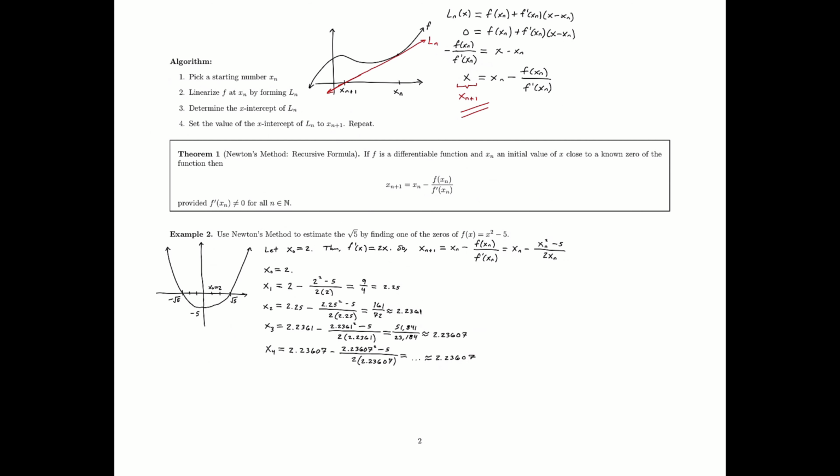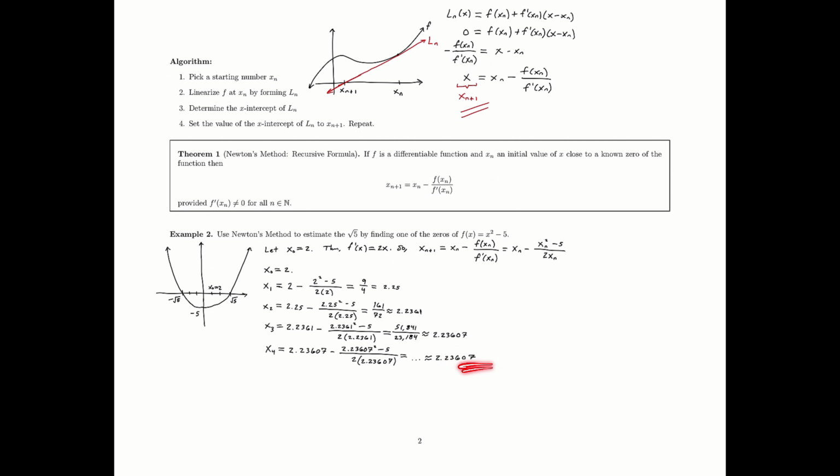So sometimes a problem might ask you to estimate a certain value, such as the square root of 5, to 5 decimal places using Newton's method. That means you're going to want to continue this process, and keep track of the first 5 decimal places, and keep going until, from one iteration to the next, those 5 places do not change.